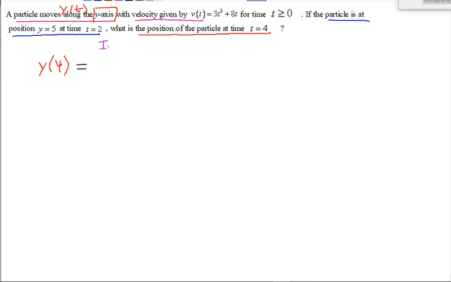So the initial one here we're given is we know the position at time 2, plus the change comes from the integral, and we want to know how much does it change from this time to this time, so from 2 to 4. And then what we integrate is the derivative of position, which was velocity. In this case, we know that's 3t squared plus 8t.